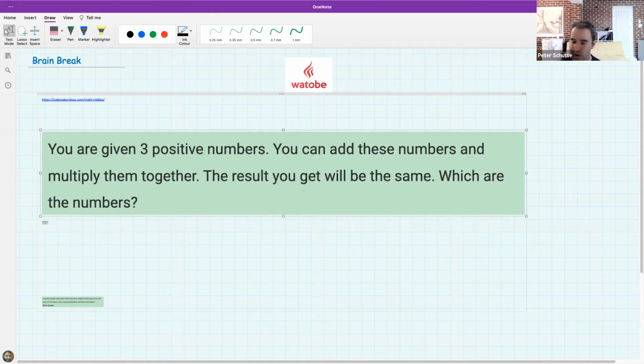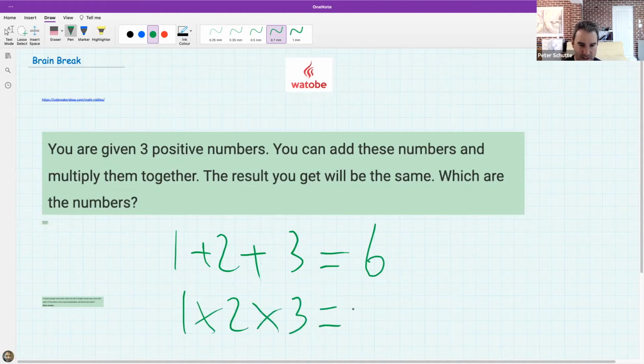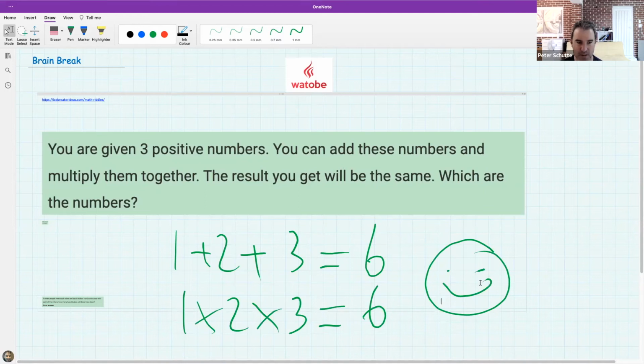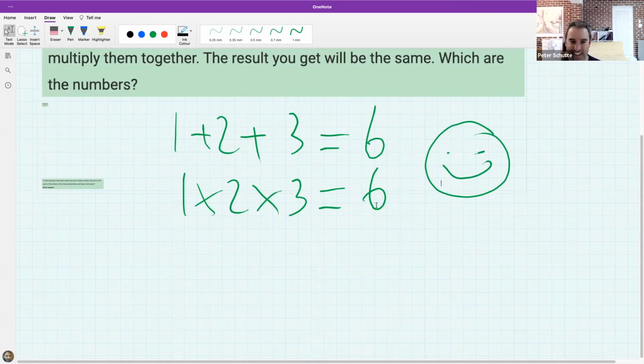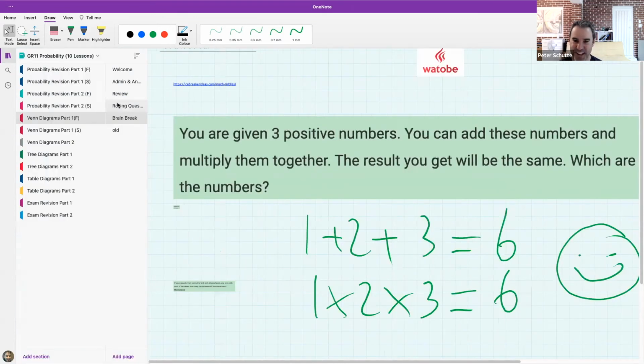Hariva, I see you were quick on the draw. So 1 plus 2 plus 3 is 6, and 1 times 2 times 3 is 6. And so the answer should be 1, 2, 3. Simple. Great, well done, guys.